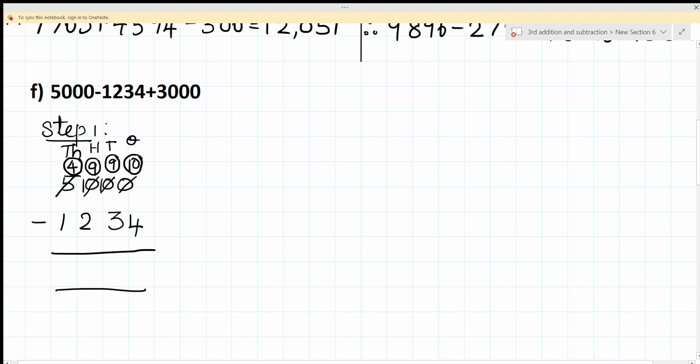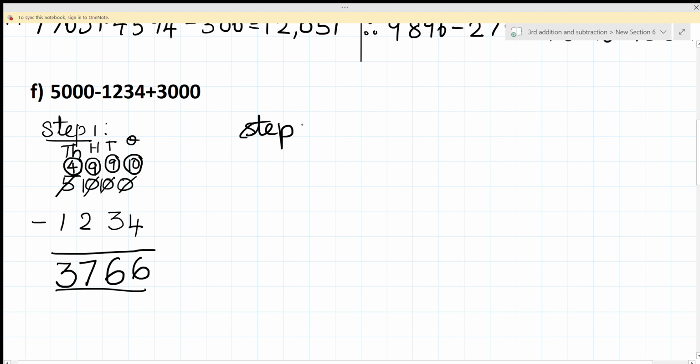We can subtract now. 10 minus 4, it is 6. 9 minus 3, 6. 9 minus 2, 7. And 4 minus 1, it is 3. So if you subtract the first two numbers, you will get the difference 3,766.